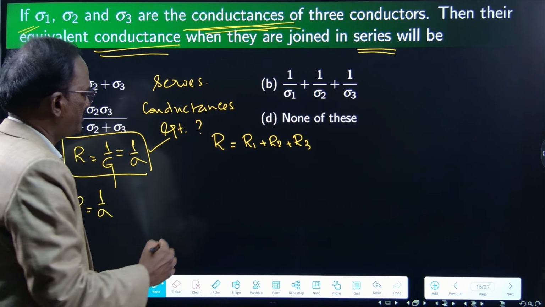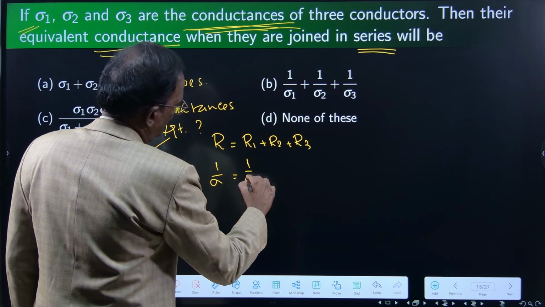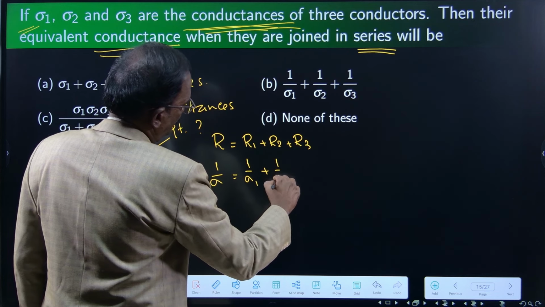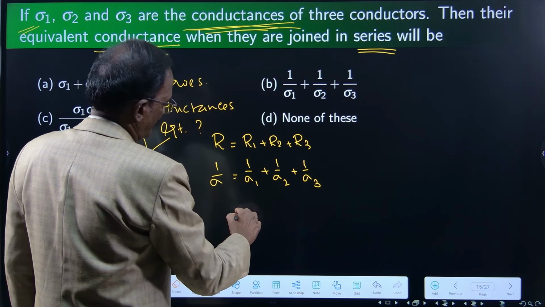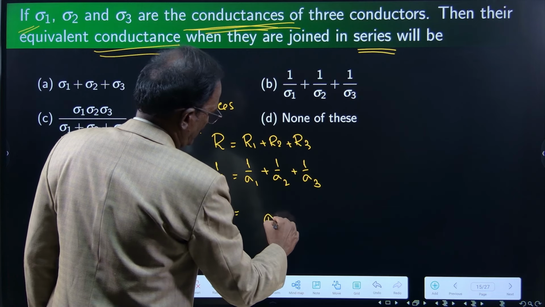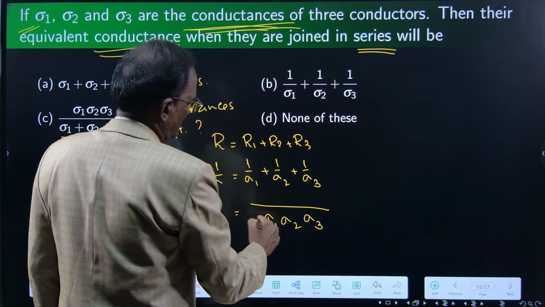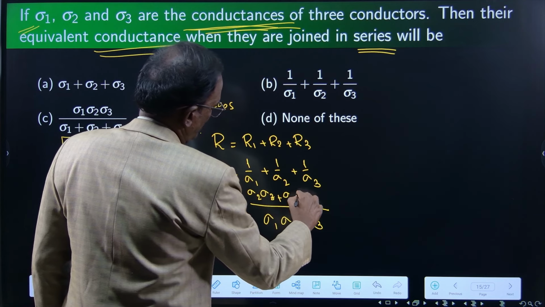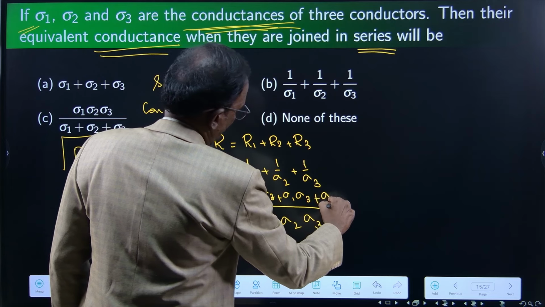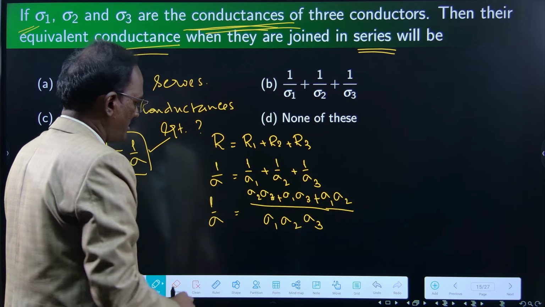R is equal to 1 by sigma, which is equal to 1 by sigma 1 plus 1 by sigma 2 plus 1 by sigma 3. Then this is sigma 1 sigma 2 sigma 3 in the denominator, and in the numerator sigma 2 sigma 3 plus sigma 1 sigma 3 plus sigma 1 sigma 2. This is 1 by sigma.